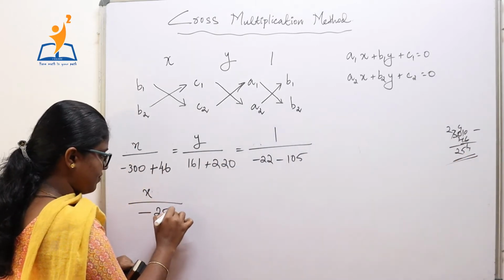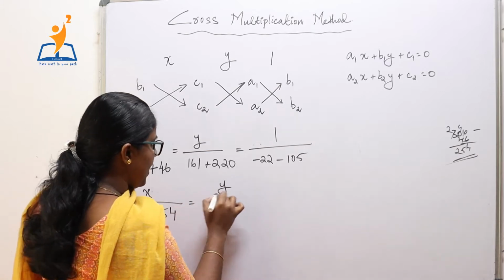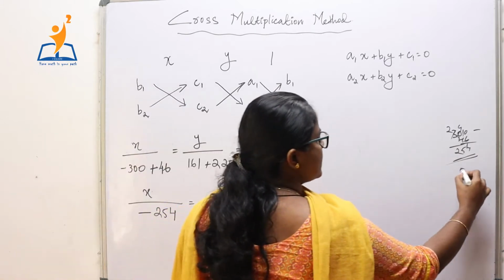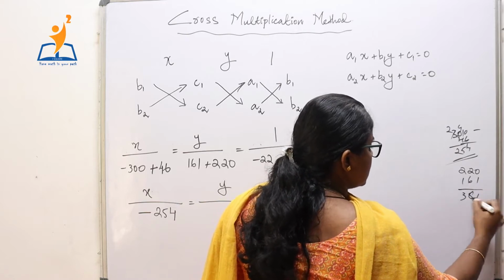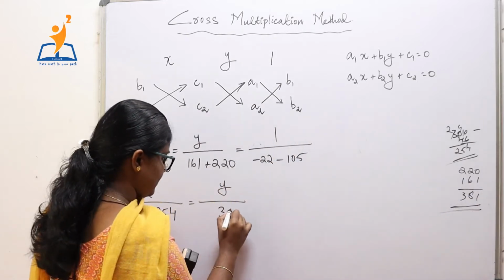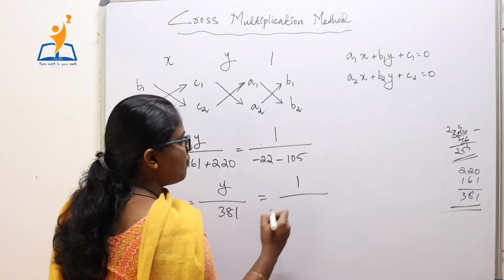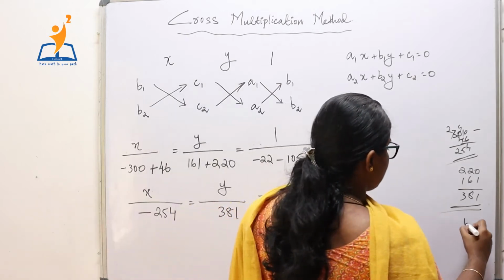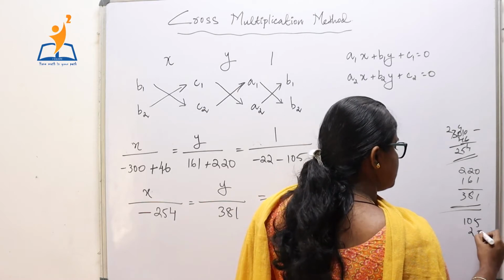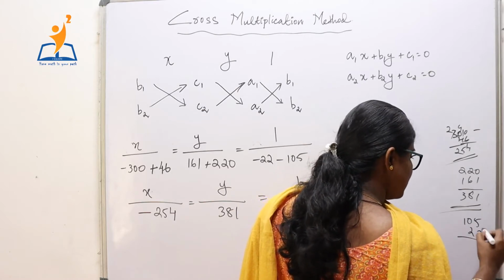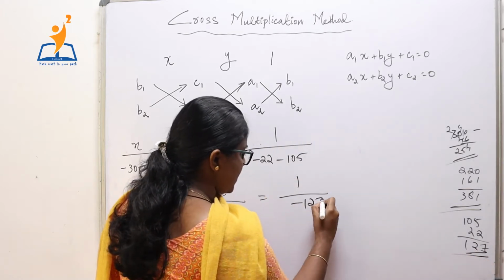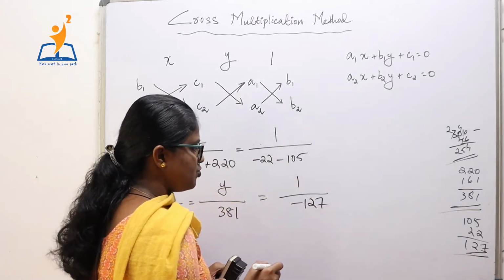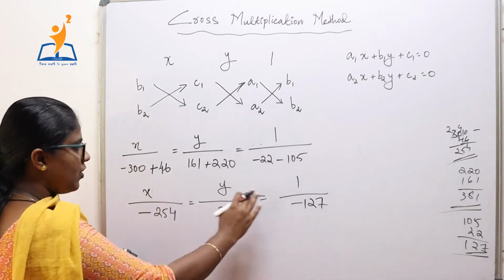Minus 254 equals to y by 220 plus 161, 381, is equal to 1 by minus 105 minus 22. That is adding these two numbers and putting a negative sign. That is minus 127. So we got it like this.